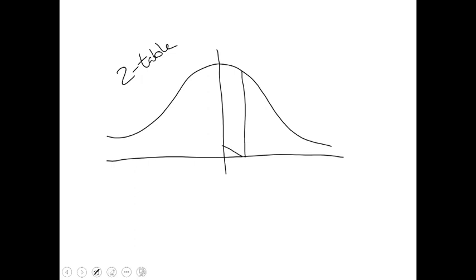Often in the textbook materials, they'll give you a z-chart where only a portion in here is shaded. What this is telling you is that when you go to your z-table, the z-value only represents this portion of the distribution.